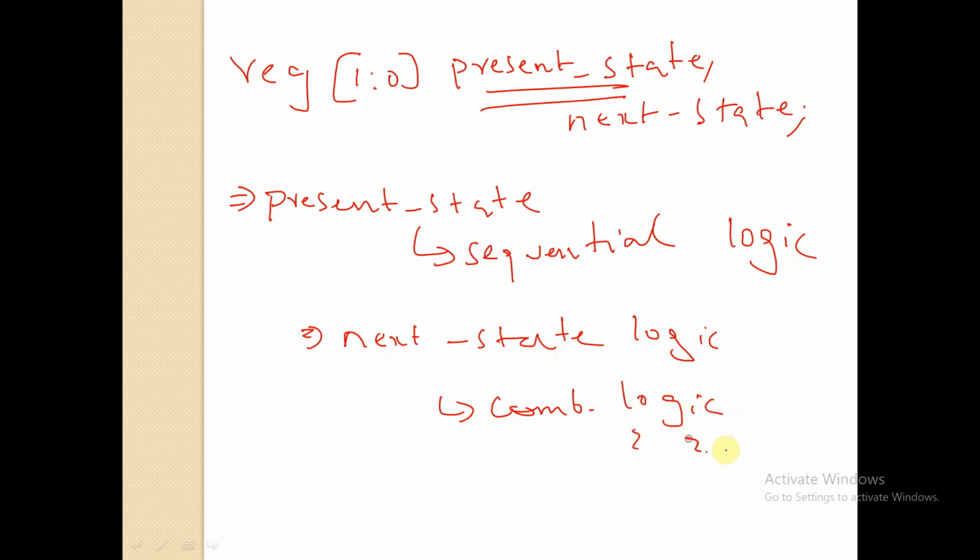The logic for present state, that is which state we are currently in, is written as sequential logic. And the next state logic, that is if a particular input is given, to which state we should go, we will write in combinational logic.